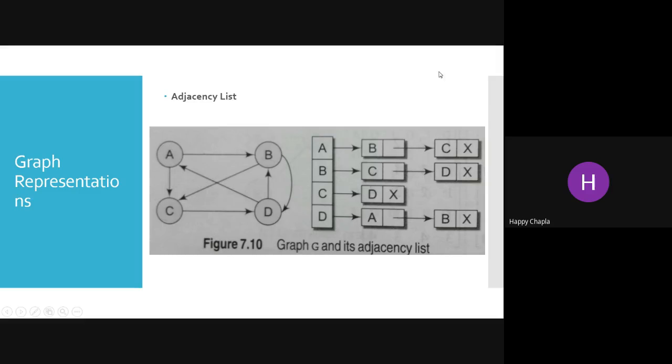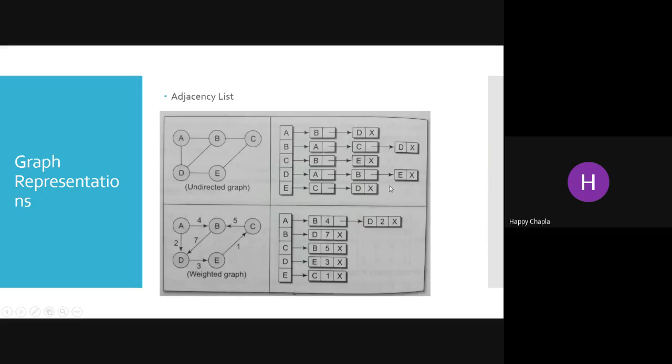And for this graph G, we have an adjacency list like this. Now this is for an undirected graph and this is for a directed graph.